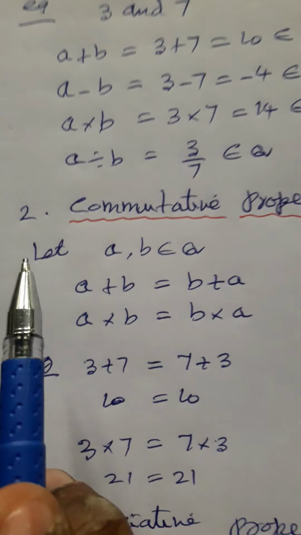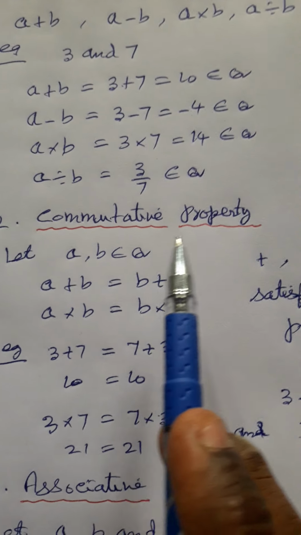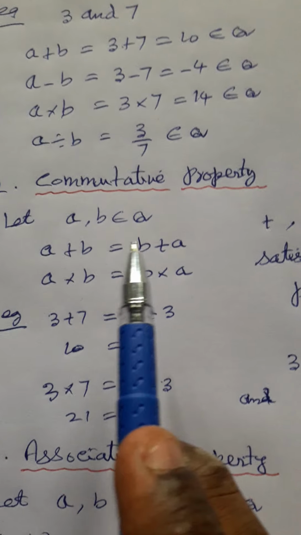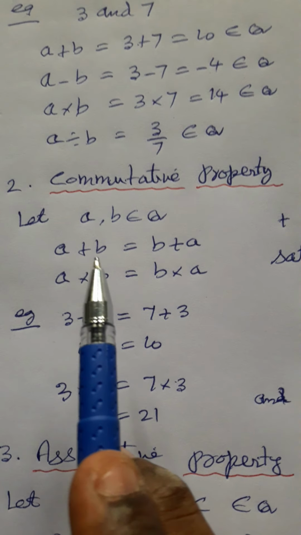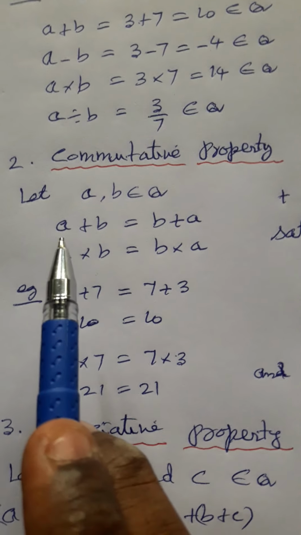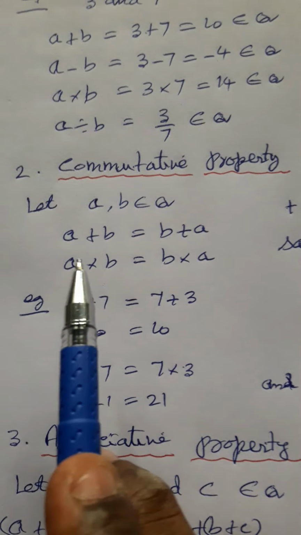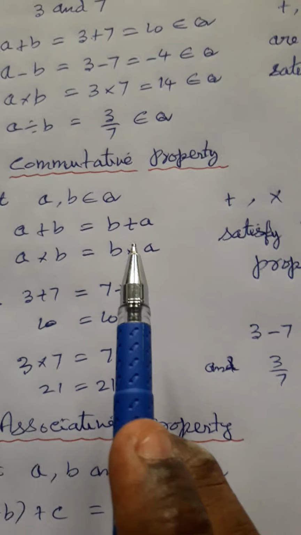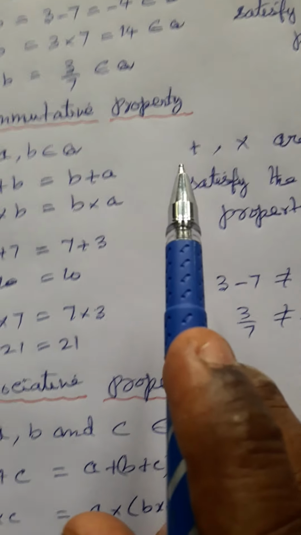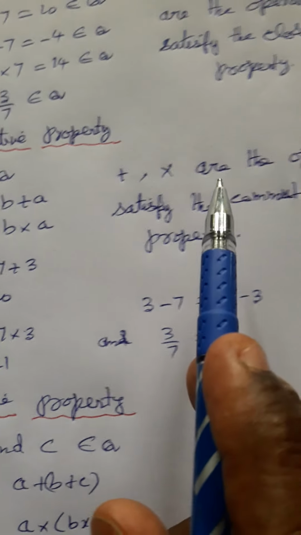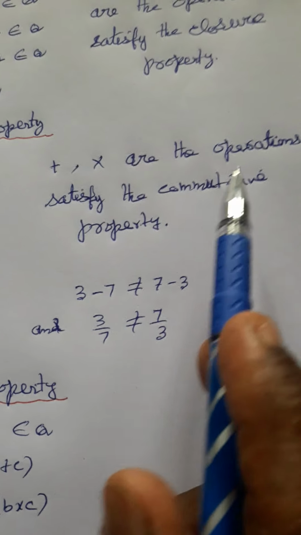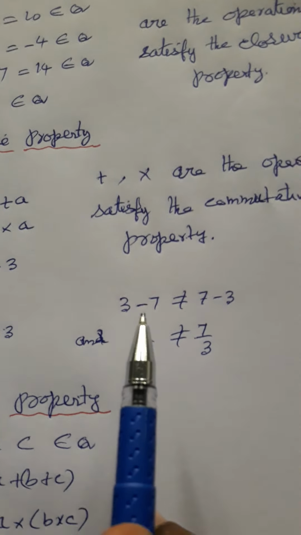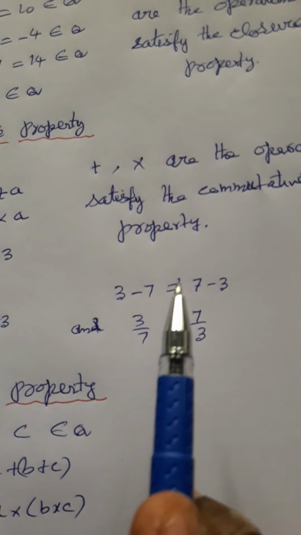Second one is commutative property. Let a comma b belong to Q. Here I take a plus b equal to b plus a. This is the addition commutative property. And a into b equal to b into a. Here addition and multiplication are the operations that satisfy the commutative property, whereas subtraction and division do not satisfy the property.